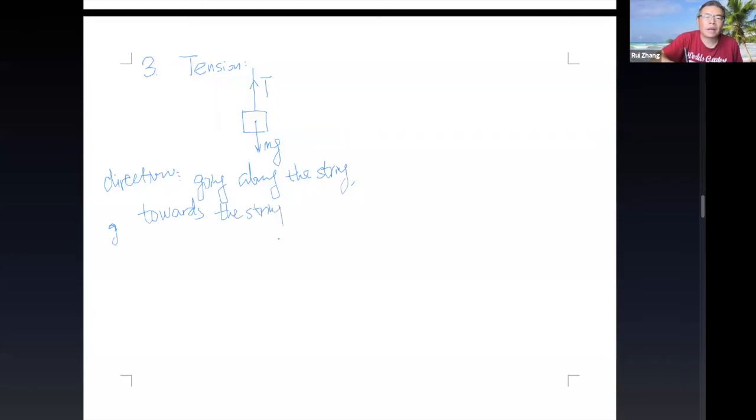What I mean is the string could pull you like this, but the string could not push you, right? It cannot apply tension going this way. It can only apply tension going that way. So going along the string and toward the string. So that's the tension. Okay.